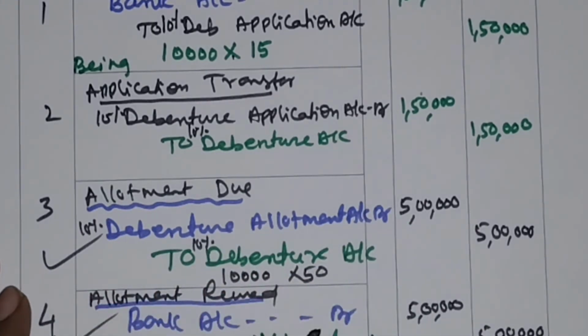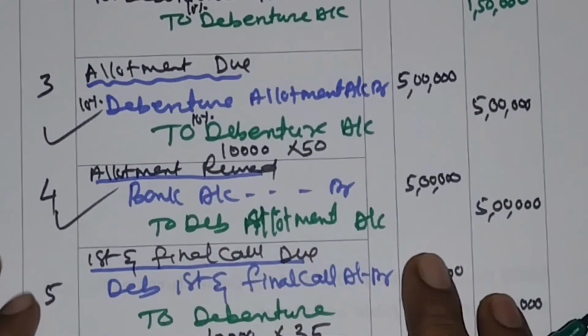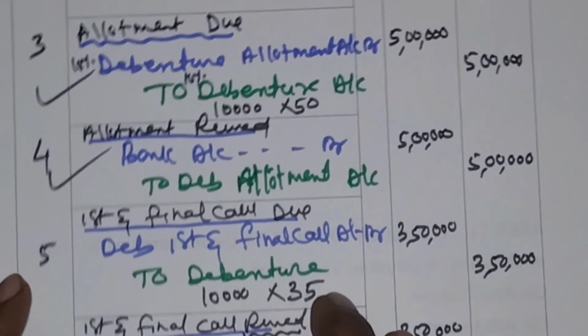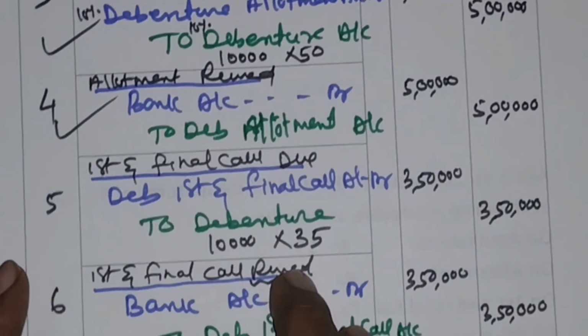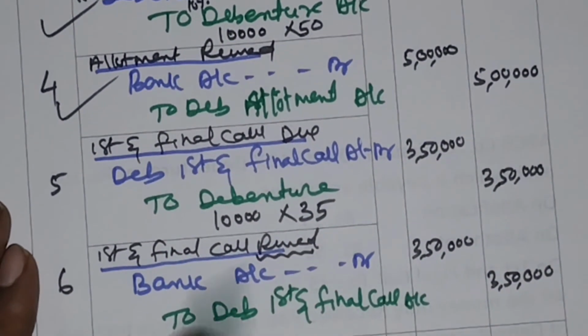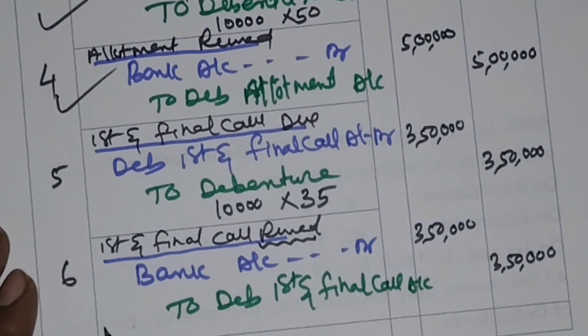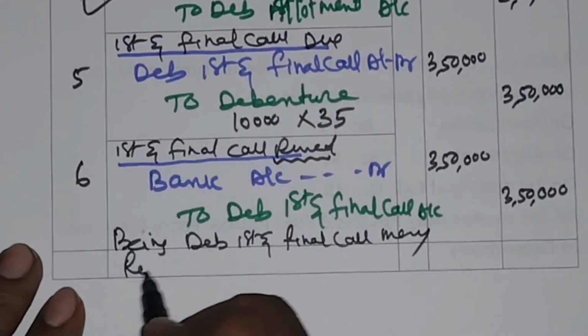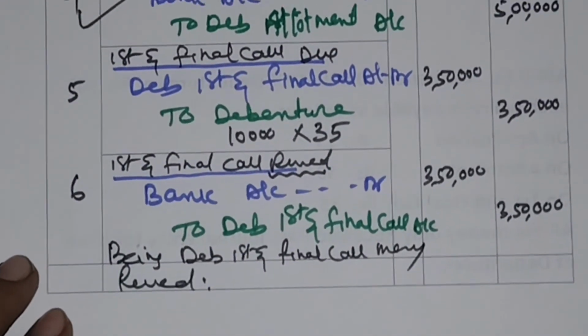Allotment received, being debenture allotment money received. First and final call due, being debenture first and final call money due. And for first and final call received, being debenture first and final call money received.